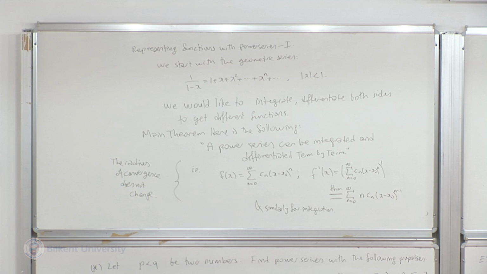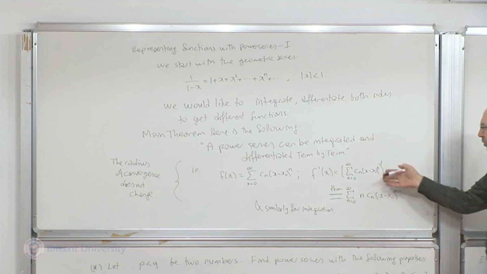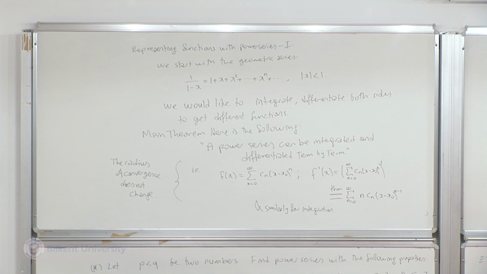But the theorem says the radius of convergence will not change, though the behavior at the endpoints may change. When you differentiate, you may lose some endpoints. If the previous power series was converging at an endpoint, after you take the derivative you may lose it. You will not gain anything, and integration is the other way around. But we will not concentrate on that. After we obtain a power series, you have to check what happens at the endpoints anyway.